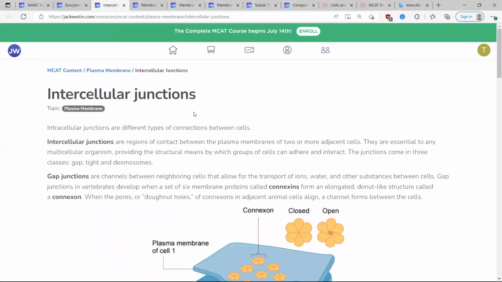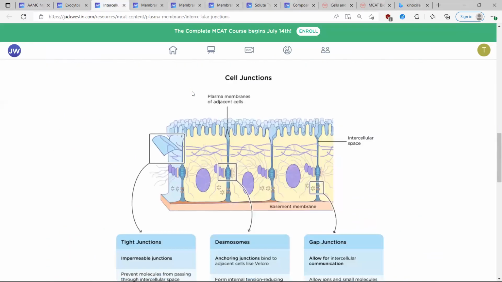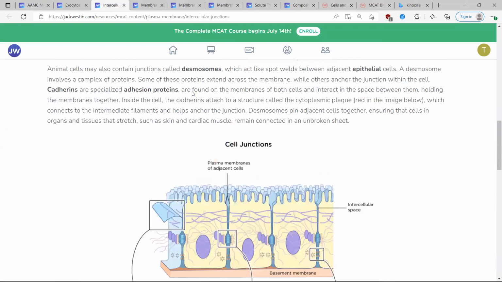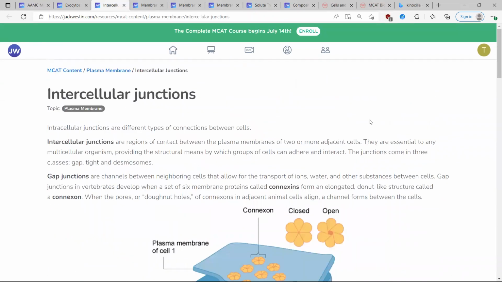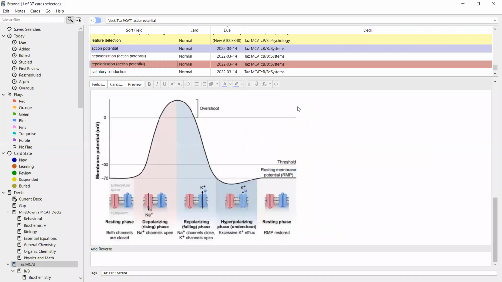Okay, so now we have junctions. Junctions are a little bit hard to remember, so let me see. I think I have a good card.